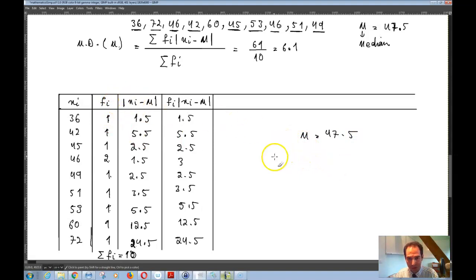Now, I want to calculate all of these, x sub I minus m. For example, that would be 36 minus 47.5, 42 minus 47.5. So there's a 0.5 here, which is a nuisance.